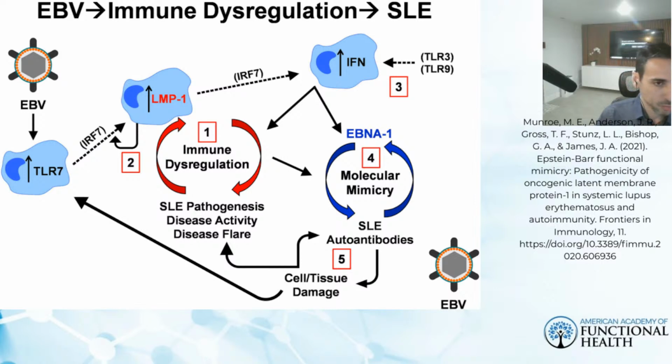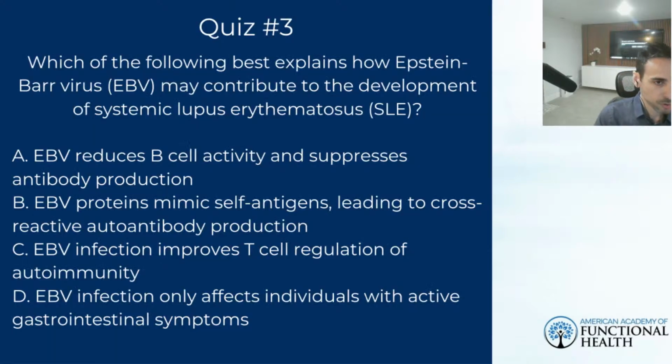So let's wrap this section with a quiz. Quiz number 3: which of the following best explains how Epstein-Barr virus may contribute to the development of systemic lupus? And we get options here. Option A is Epstein-Barr virus reduces B cell activity and suppresses antibody production.